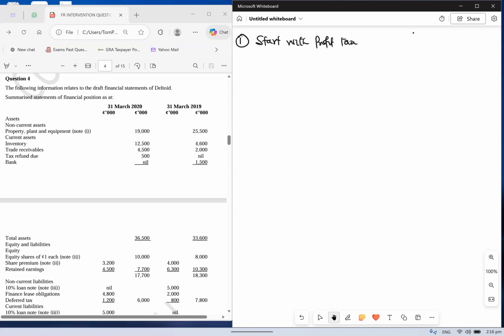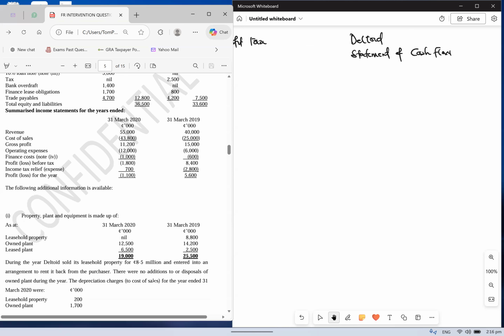So let's go. The name of the company is Deltoid. Then we are doing statement of cash flow. What is the period?